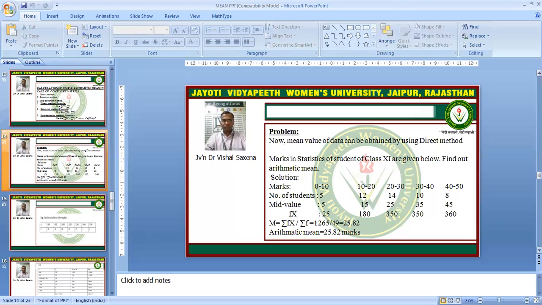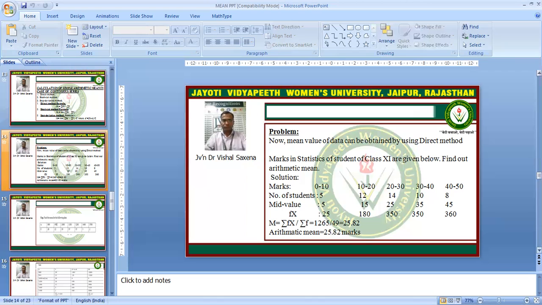First we are given the marks in class interval form, like 0 to 10, 10 to 20, 20 to 30, 30 to 40, and 40 to 50. And the number of students are 5, 12, 14, 10, 8. And the mid values are 5, 15, 25, 35, and 45.